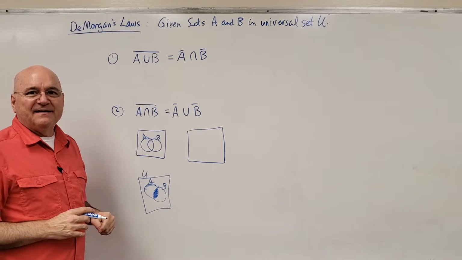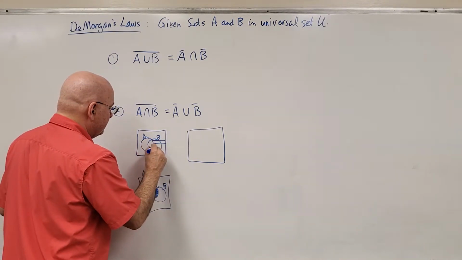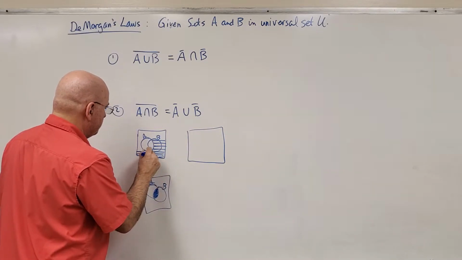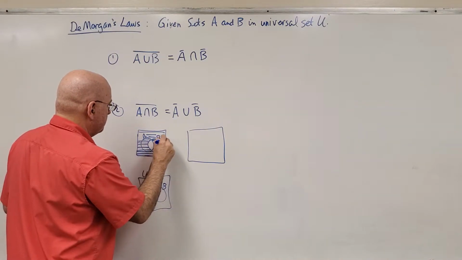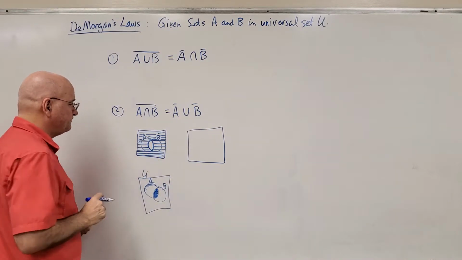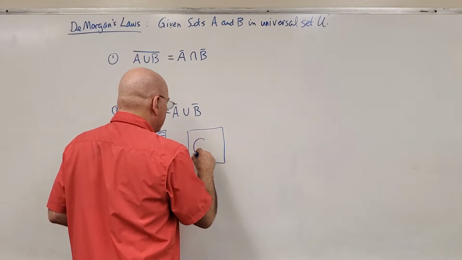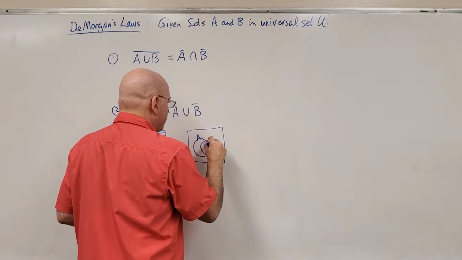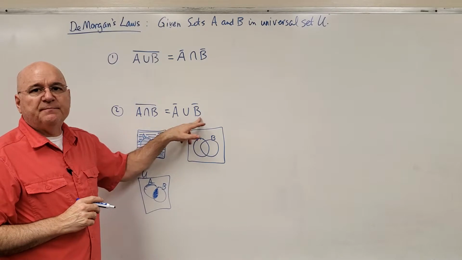The complement of that is everything except the football region. So here, everything except that football region. Now, independently, let's look at this one. It's A complement union B complement.